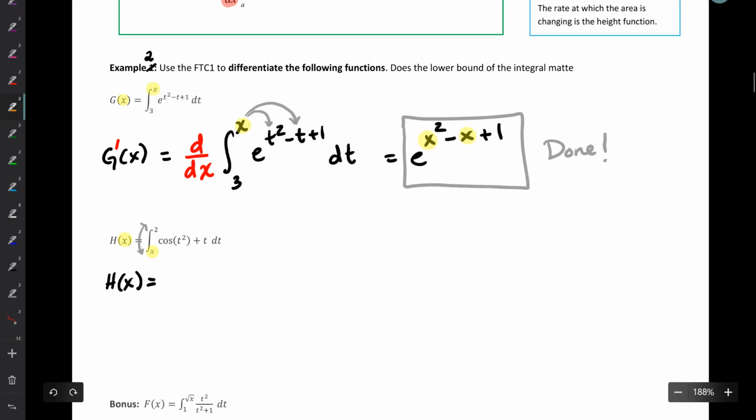Minus 1, I'm going to highlight that, times the integral from 2 to x of cosine t squared plus t dt.